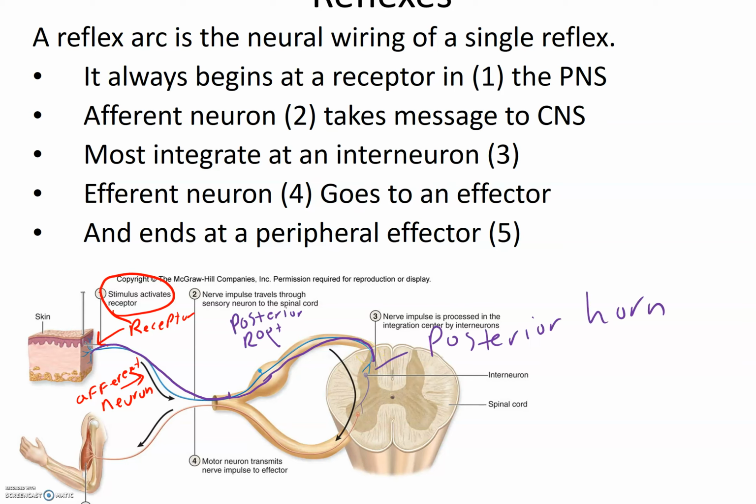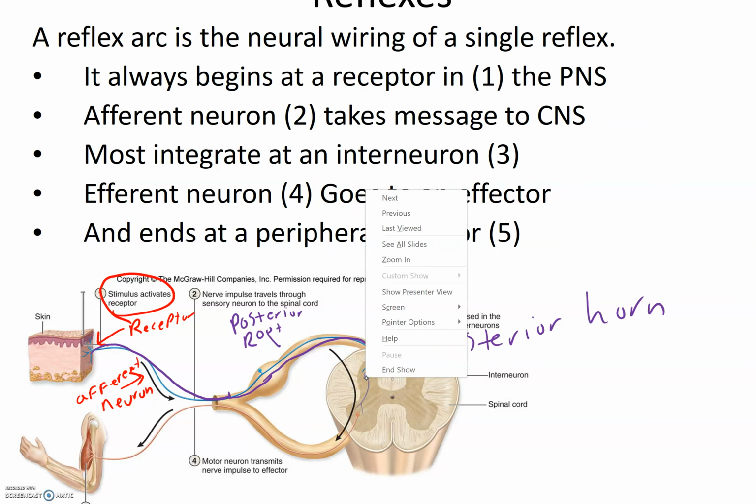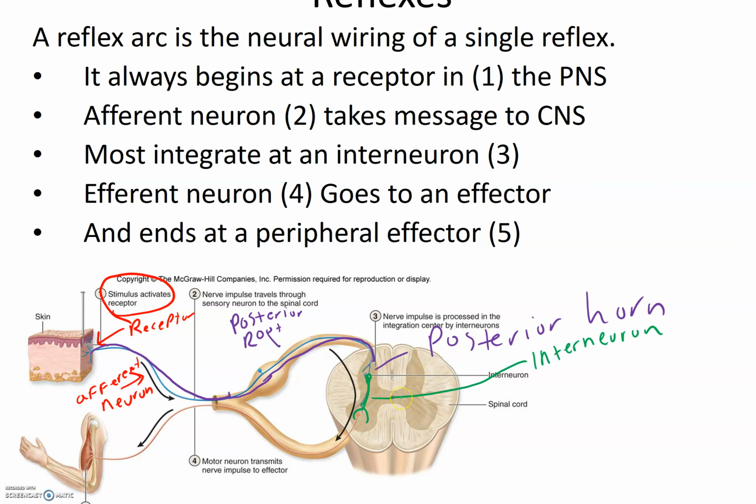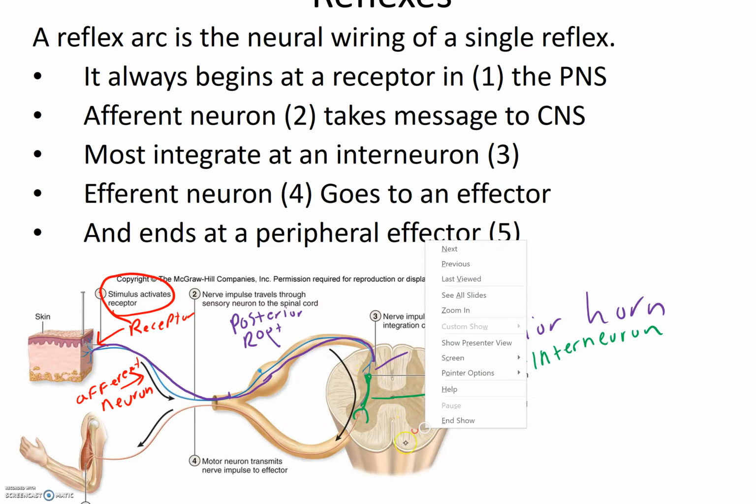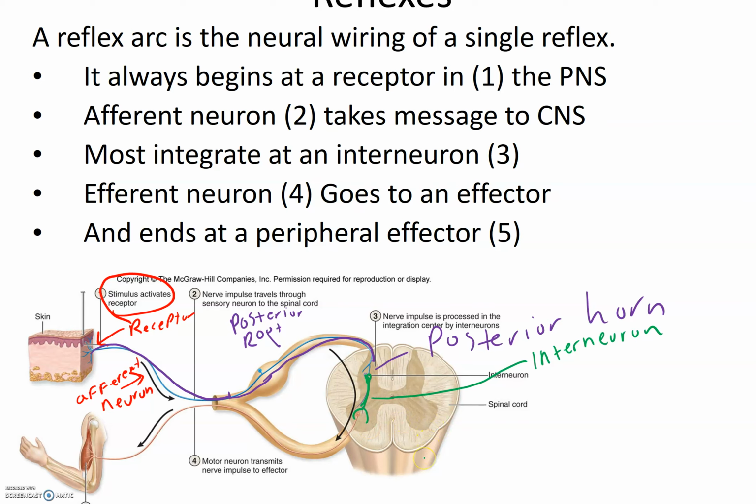Since this is a withdrawal reflex, there's an interneuron here. Since this is a withdrawal reflex, it is going to go to both sides, to the anterior horn on both sides. And it's going to innervate motor neurons in the anterior horn.